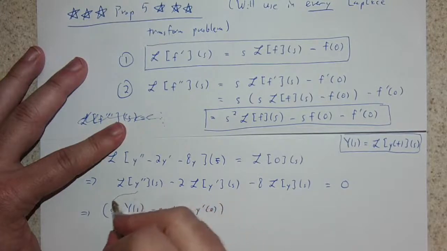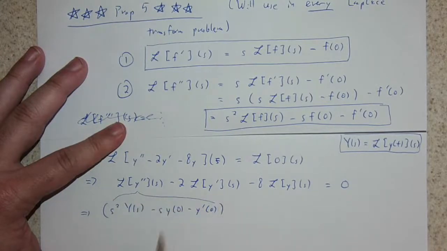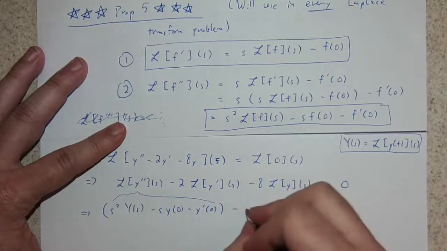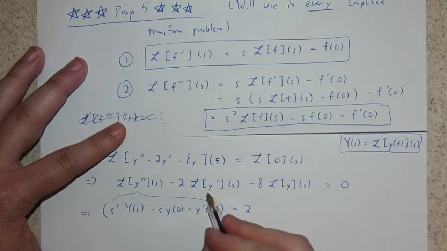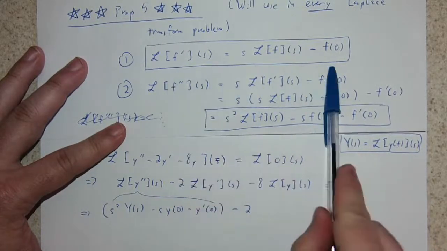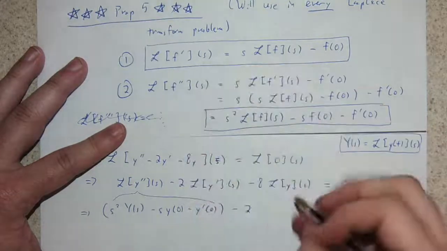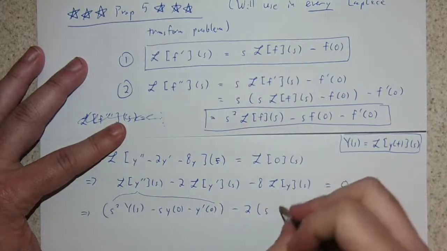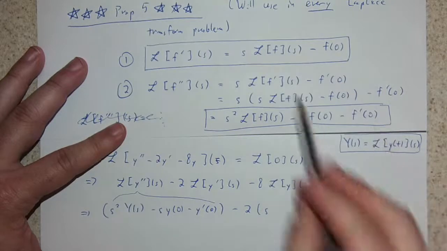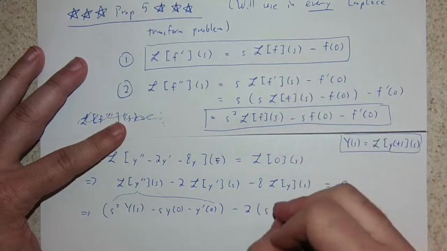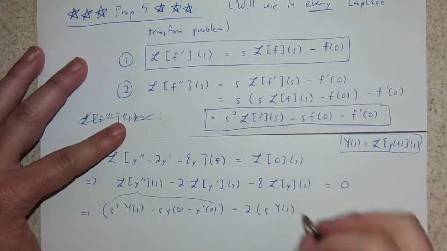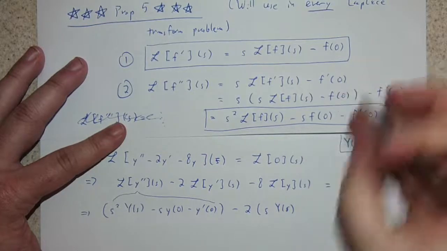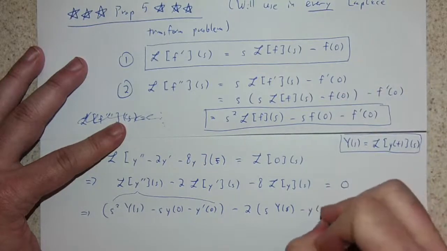So this alone leads me to this expression. Minus 2 times the Laplace transform of y prime. Well, using this formula, this would be 2 times s times the Laplace transform of little y, which is big Y. Right? So this is s times big Y of s minus y of 0.